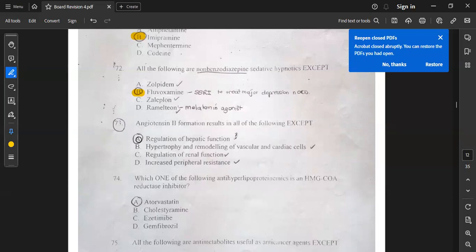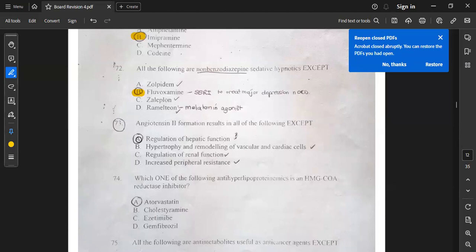Black Panther is saying regulation of hepatic function is not associated with angiotensin 2. It does not regulate hepatic function. But all the others, hypertrophy and remodeling of vascular and cardiac cells, regulation of renal function, increased peripheral resistance, angiotensin 2 leads to all that.